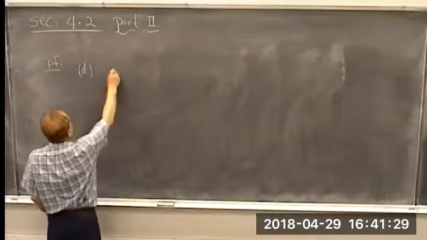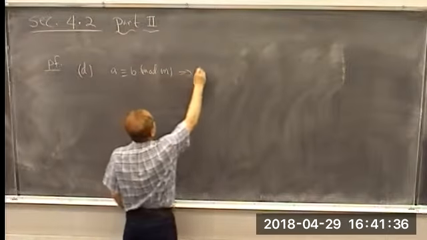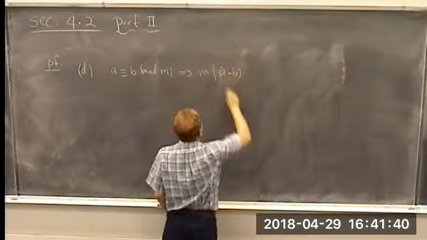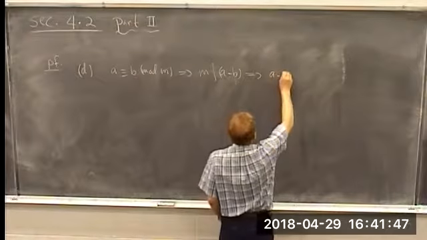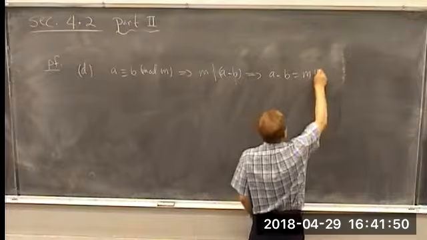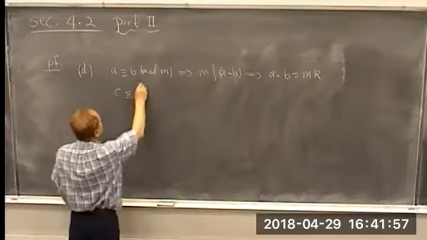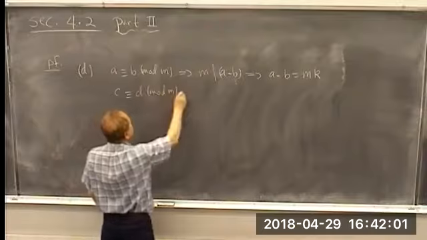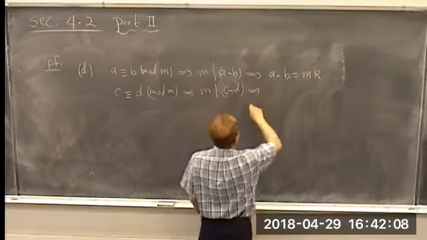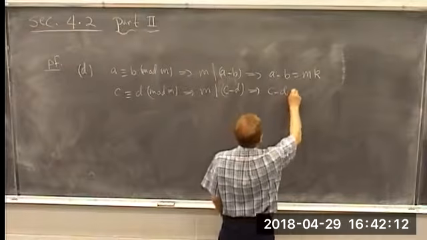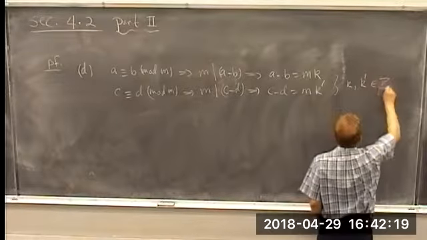So we have A congruent to B mod M. This implies that M divides A minus B, and we can also write this as A minus B equals MK for some K. And let's look at C congruent to D mod M. Again, this implies M divides C minus D, and this in turn implies that C minus D equals MK prime.